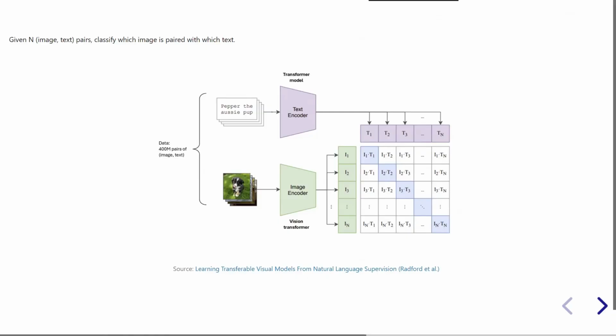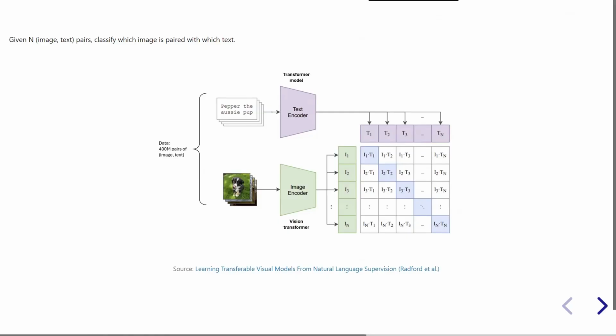But let me explain a bit better. Let's assume that we have this image of this Aussie pup, or this dog anyway, and let's assume that this image is defined as I_1. And then we have its text description that is defined as T_1.